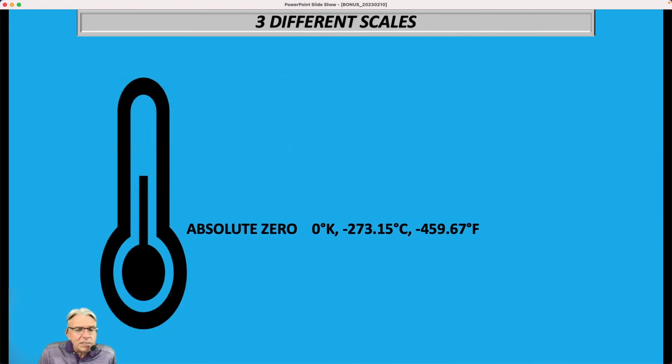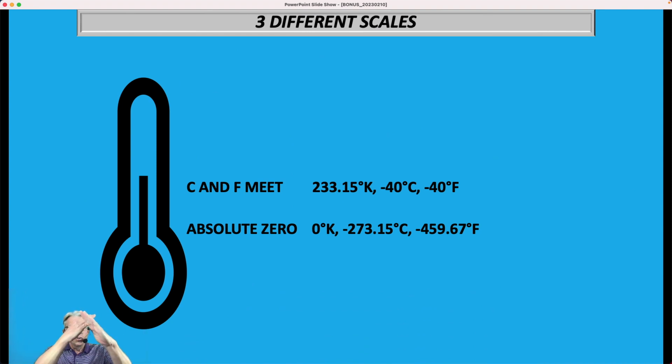So, absolute 0 on these three different scales. 0 degrees Kelvin, again, everything is not moving anymore, and that's equal to minus 273.15 degrees Celsius or minus 459.67 degrees Fahrenheit. Okay? Now, one interesting thing that you may not know, the Celsius and the Fahrenheit scales cross at minus 40. Okay?